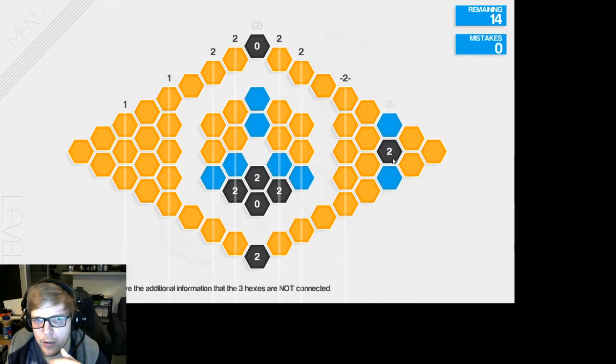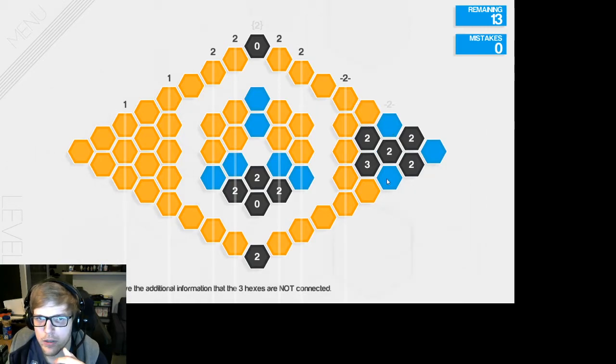While we're here, we've got this 2 and it's already adjacent to 2. So the other 4 that are adjacent to it already, we get to mark off. Okay. This 2 means that this one needs to be blue. And then we're kind of stuck for now. This 2 here is adjacent to this 1, so it's one of these 3.